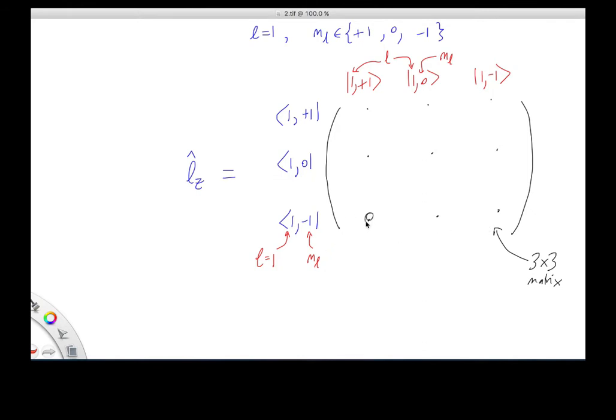If we take one example here, this particular element here is calculated by taking the bracket. In this case the row belongs to the ket 1 minus 1, so that's the bra, then the operator Lz, and the ket state which belongs to the column, so this would be 1 plus 1 in this case.